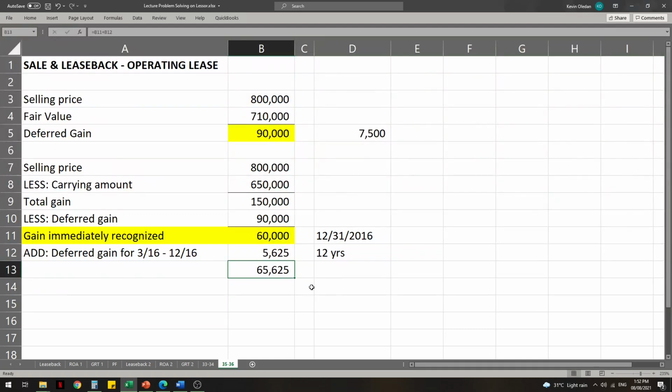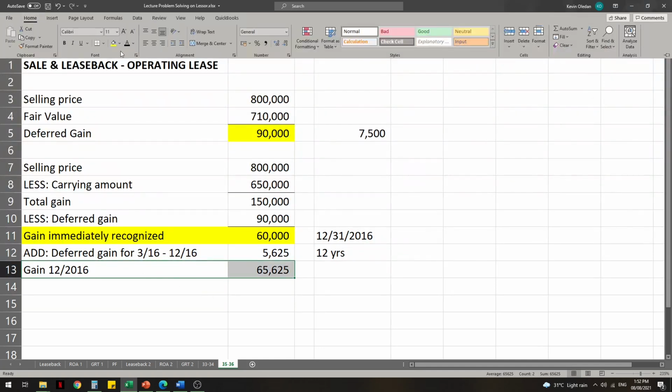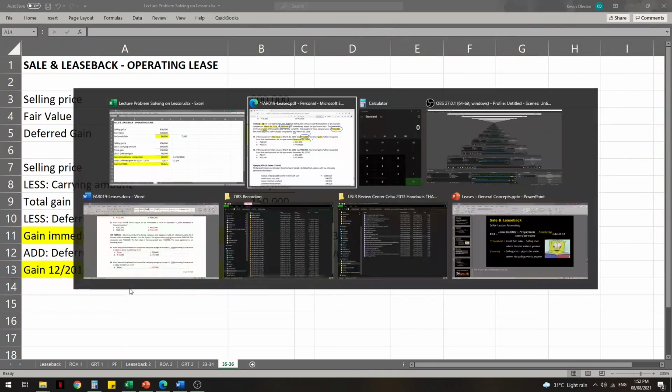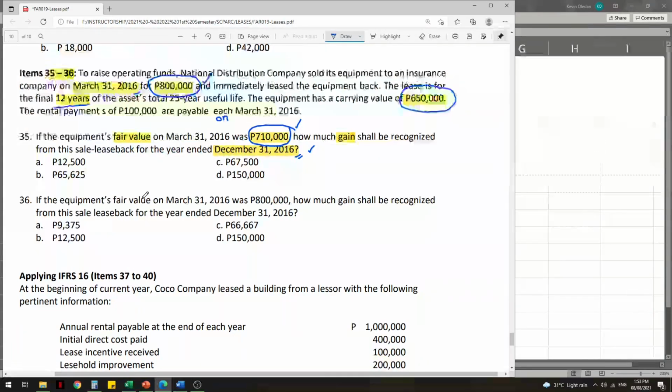Yan. 65,625 as our gain on December 2016. This is our solution for number 35. Answer? Letter B.